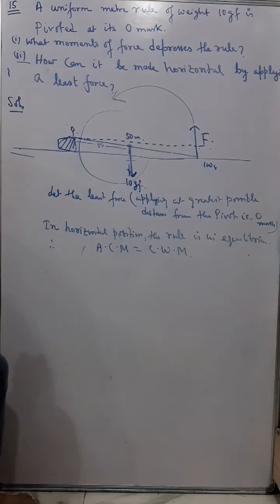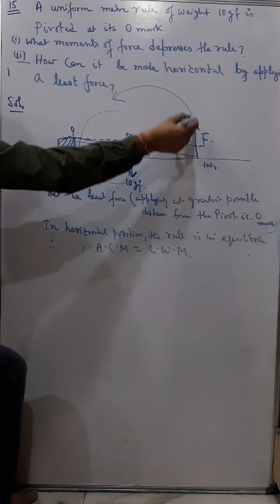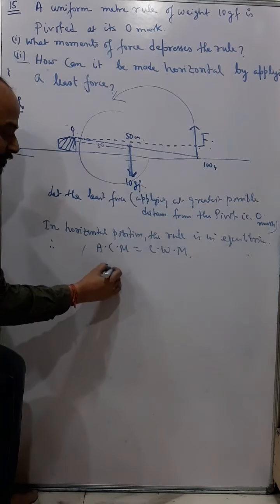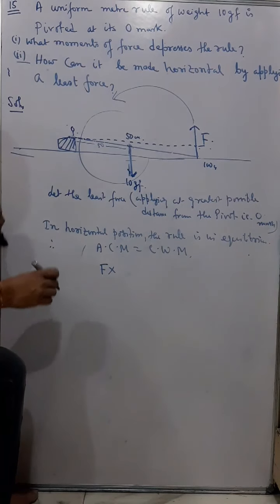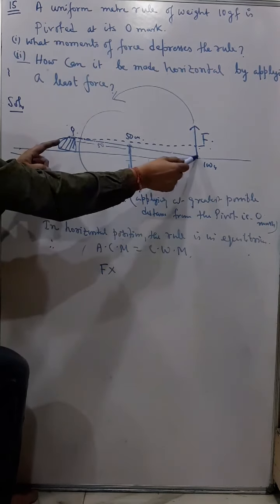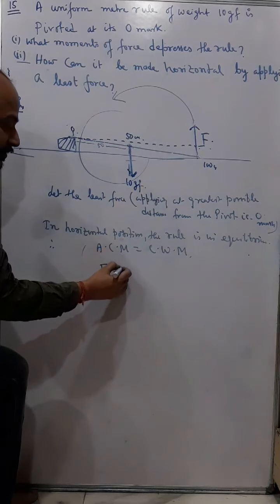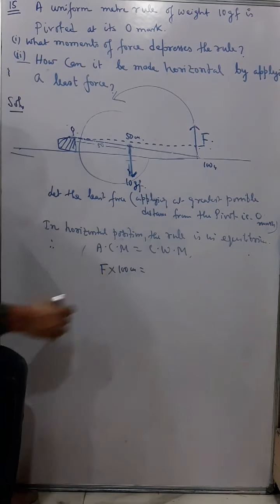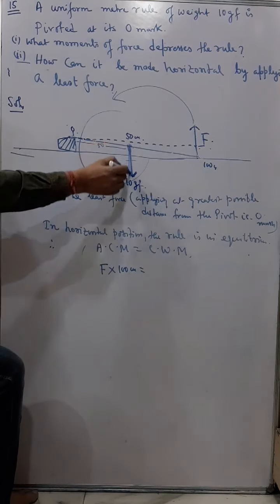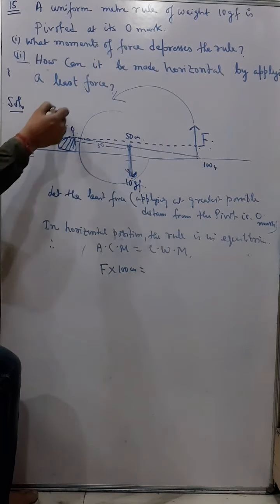So anti-clockwise direction, the force is how much? F, anti-clockwise, and distance of the force from the axis of rotation, that is 100. So it is F times 100, and clockwise moment is due to this force, and how much?